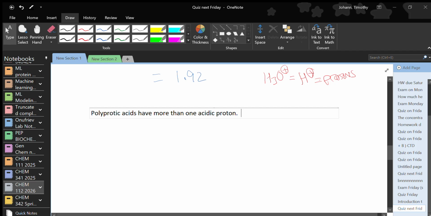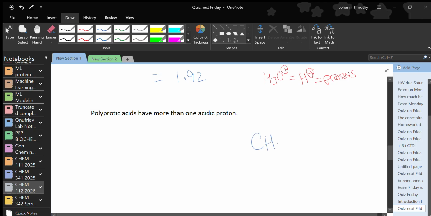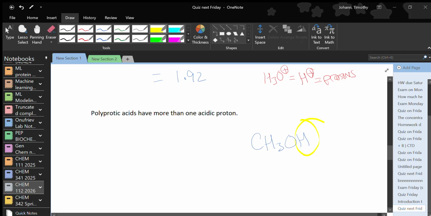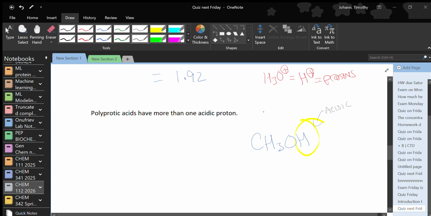So if we were to draw methanol, which is not a very good acid, methanol is like this. This proton is acidic, meaning it can come off. That comes off at a really high pH, about pH 15, for any reasonable amount.